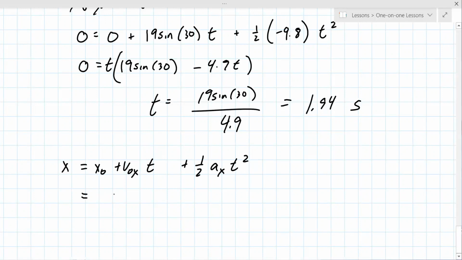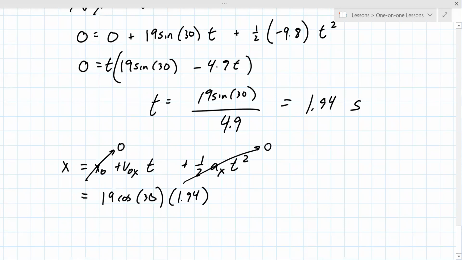And x initial is 0 plus v0x t, which would be 19 cosine of 30 degrees times t. And it's just by itself because there's no acceleration in the x direction.